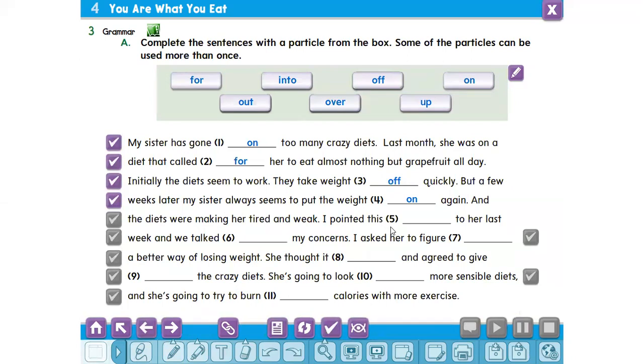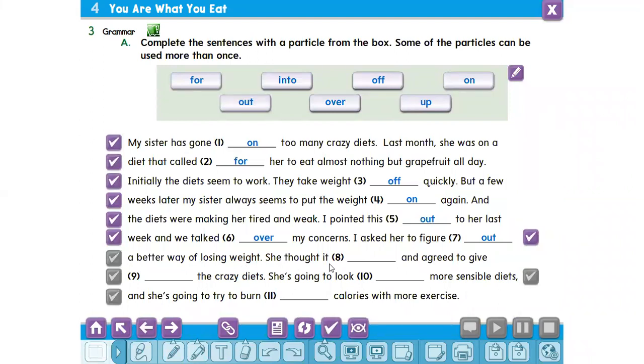I pointed this out to her last week and we talked over my concerns. I asked her to figure out a better way of losing weight.